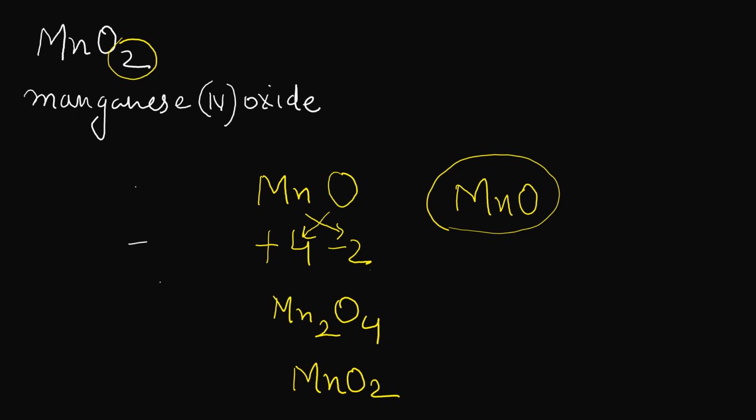So if it was positive 2 of the metal, then positive 2 and negative 2 must have balanced out each other, or you can say positive 2 and negative 2, Mn2O2 must have been reduced to MnO. So this is where it gives you a clue that no, the formula is not supposed to be MnO, it's actually Mn2O4, right? So take care of these types of compounds.